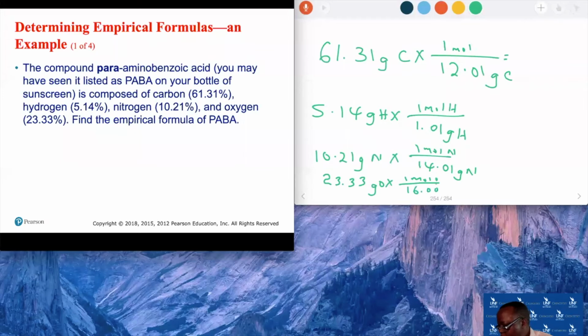With this, we find the number of moles of each element in a compound. 61.31 divided by 12.01 is 5.10.